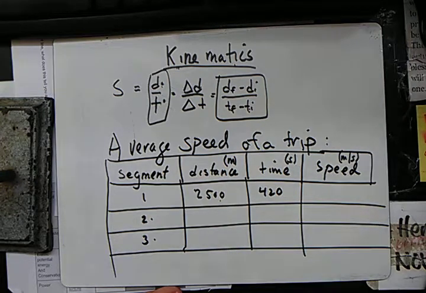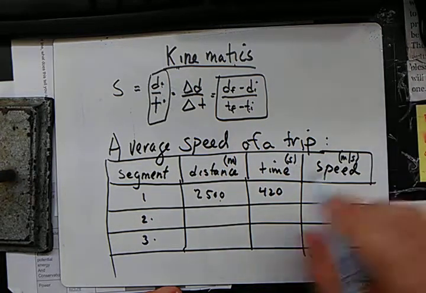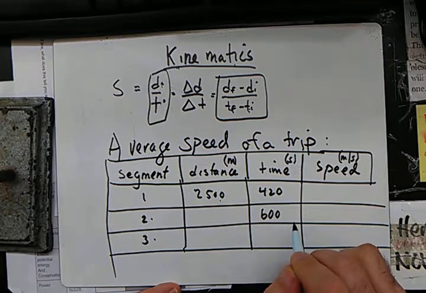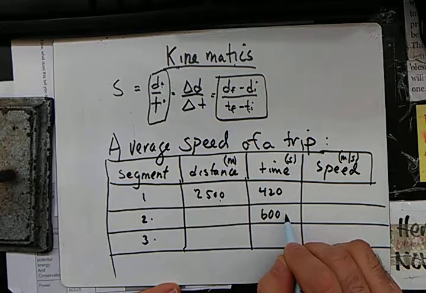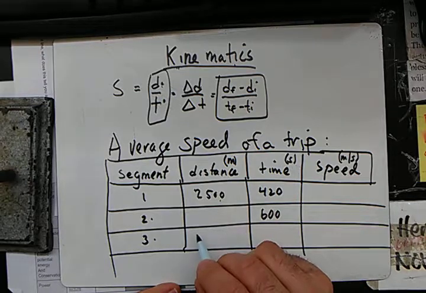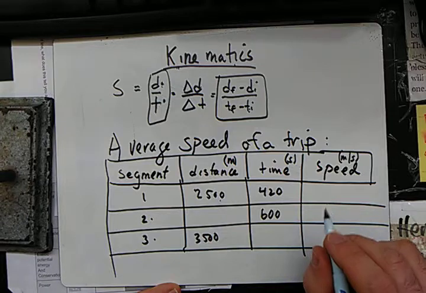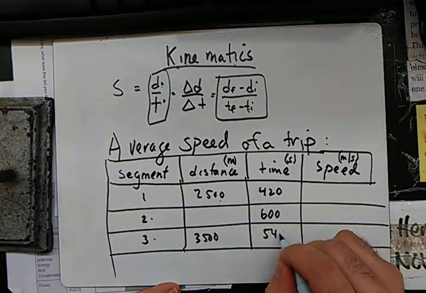Now you spend 10 minutes, which is 600 seconds, at his house, before traveling 3,500 meters to your house in 540 seconds.